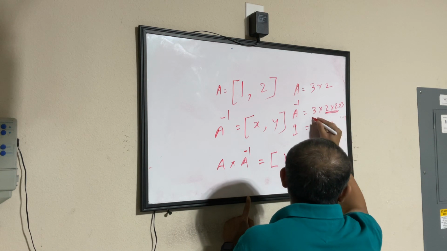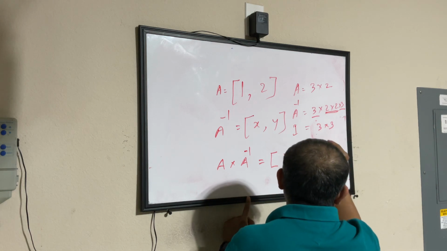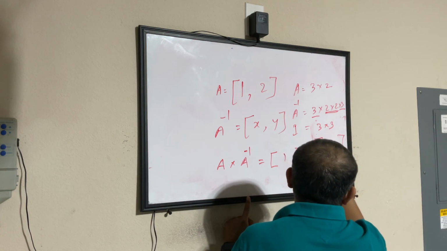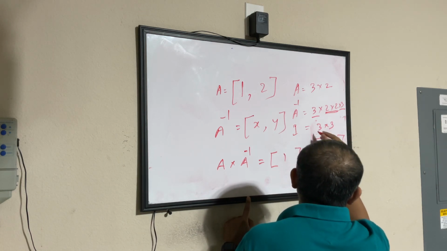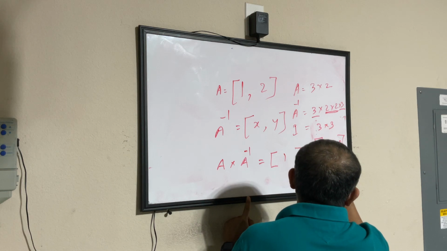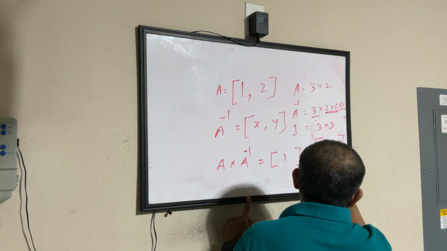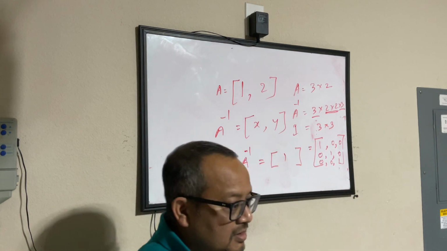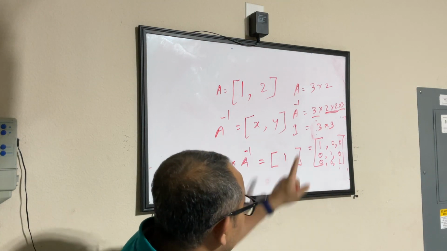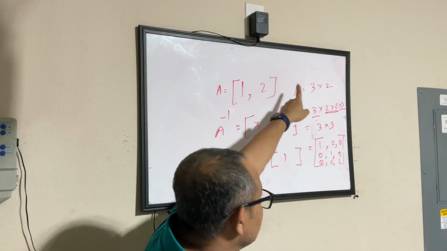Then my identity matrix will look like this: 1, 2, 3. 3 rows, 3 columns.